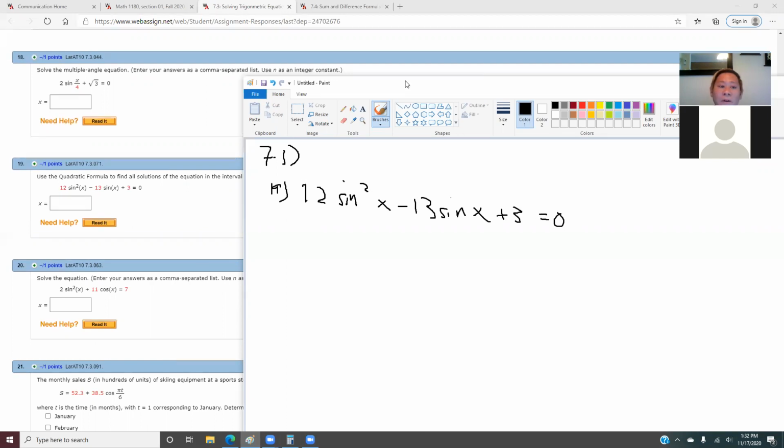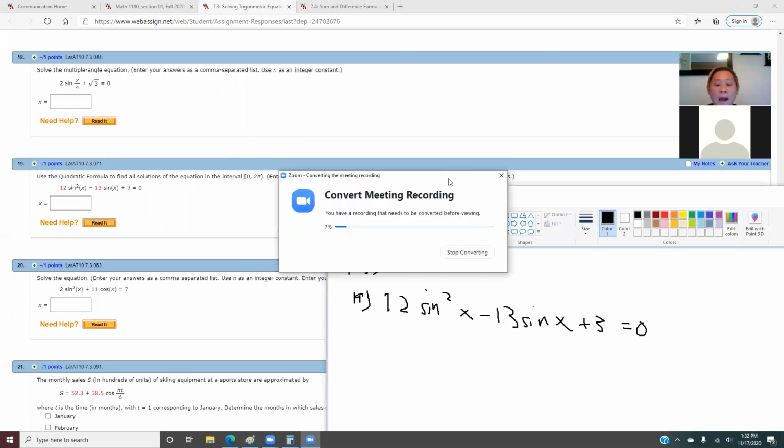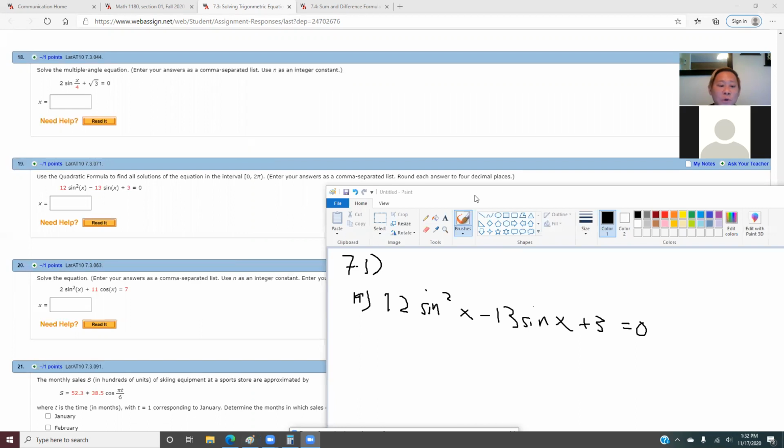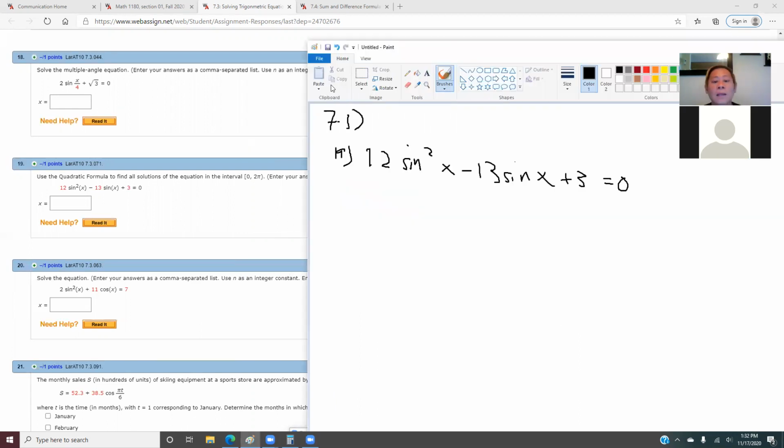Now, a lot of students ask me something that you guys should know already: when do we use plus 2n pi or plus n pi, and when we do not use it? Do you know the difference, Ryan and Parker?